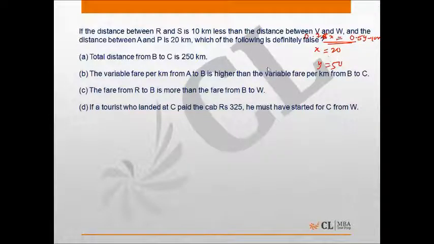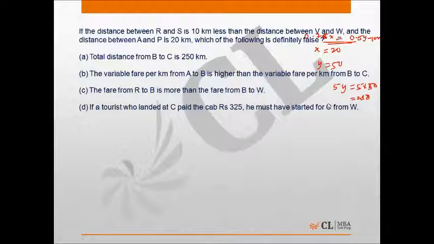So let's check the options. Total distance from B to C is 250 km. Let's check it. Total distance between B and C is 5y, which means 5 into 50, this is 250, which means the first option is true.